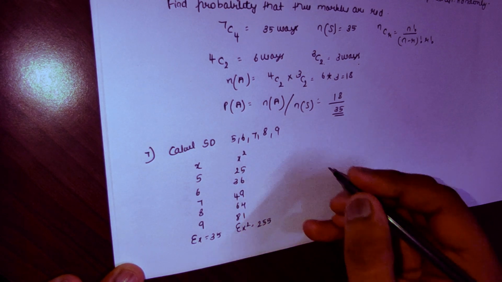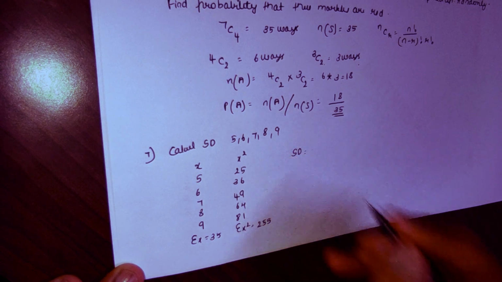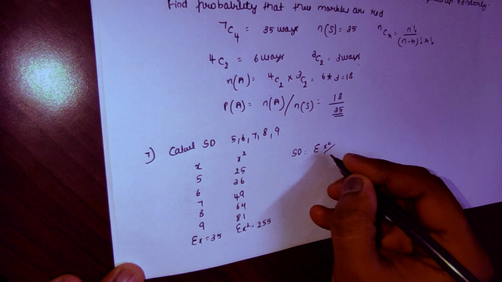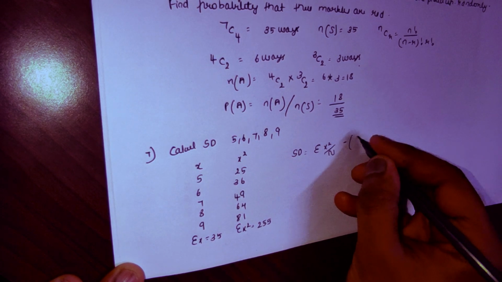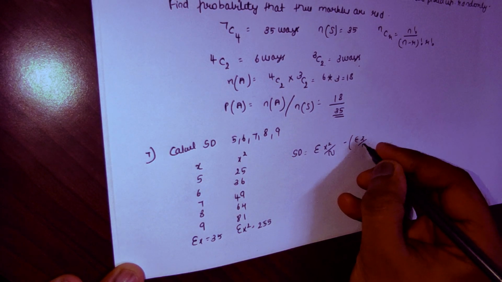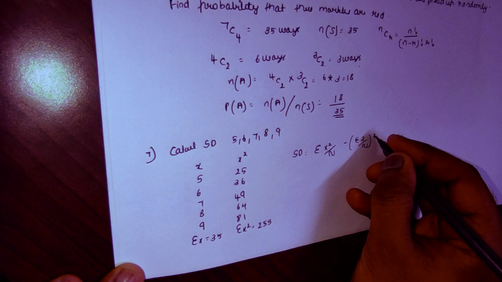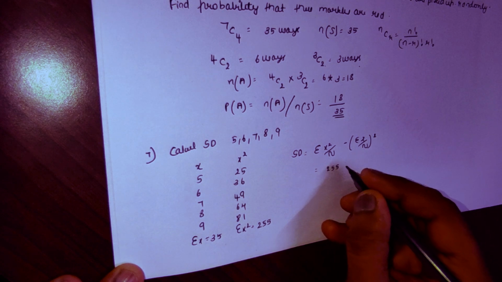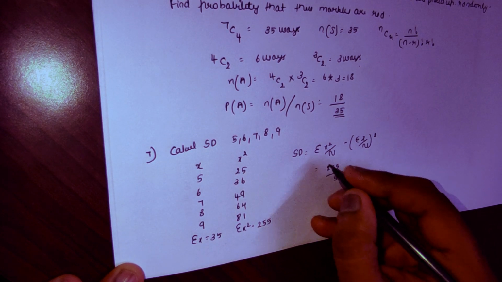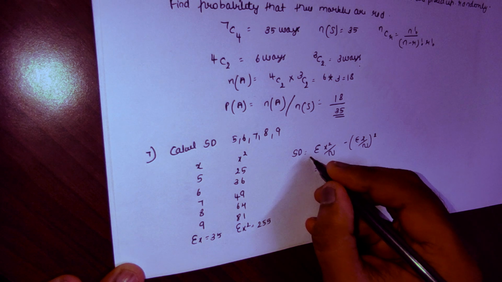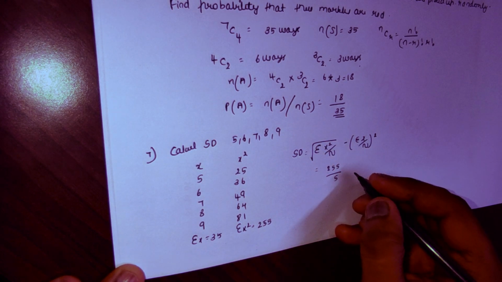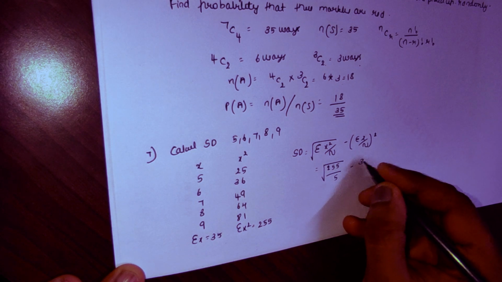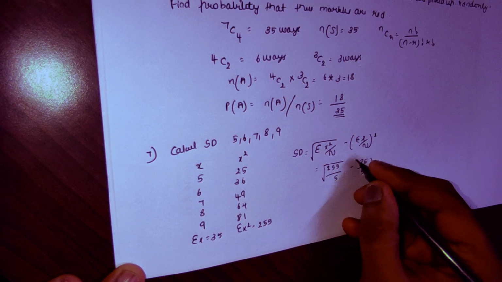Now we know the standard deviation formula, that is square root of (summation of x square by n minus (summation of x by n) whole square). So it becomes square root of 255 by 5 minus (35 by 5) whole square.